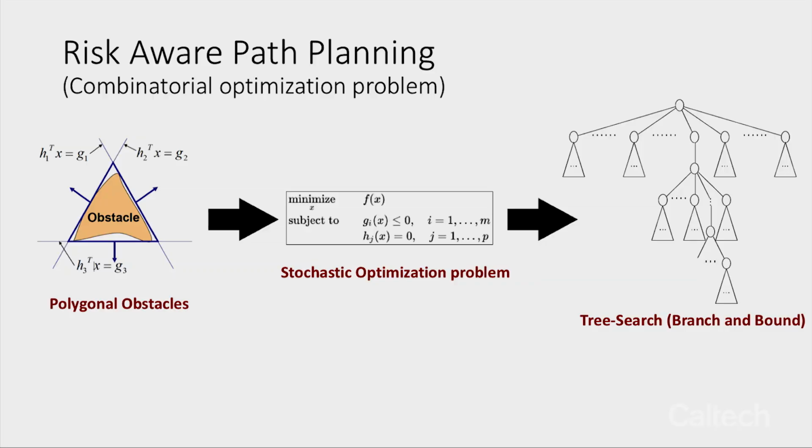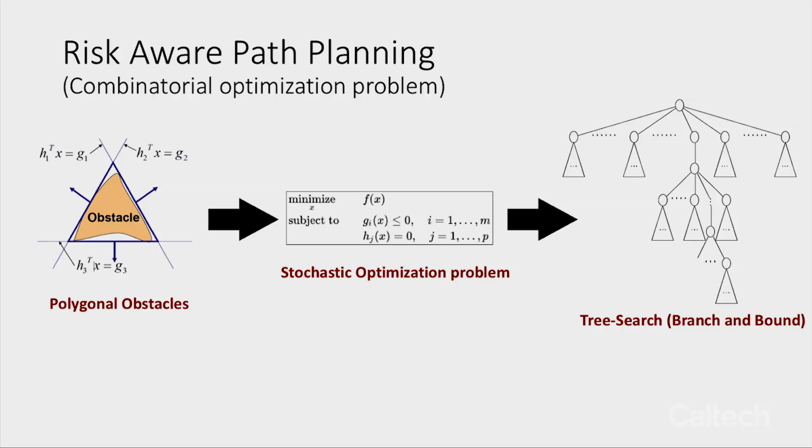So how are these problems actually encoded? Given the set of obstacles that you have seen on the previous slide, we have polygonal obstacles. We abstract the environment into a set of polygonal obstacles, and we frame it as a stochastic optimization problem, wherein the objective could be minimum distance or the traversal time, and the constraints are effectively obstacle avoidance, how much battery power you have, and also control related constraints, right?